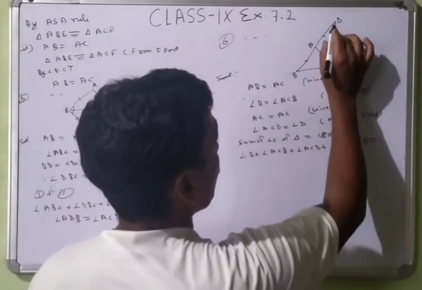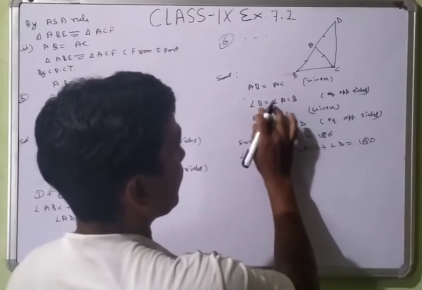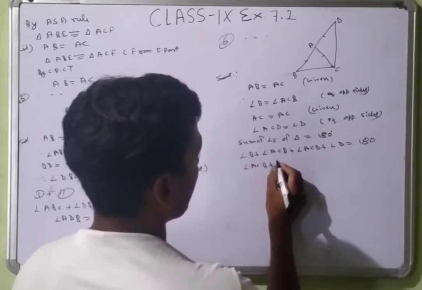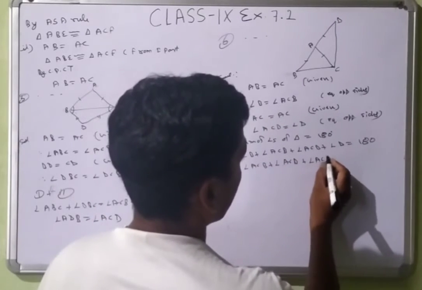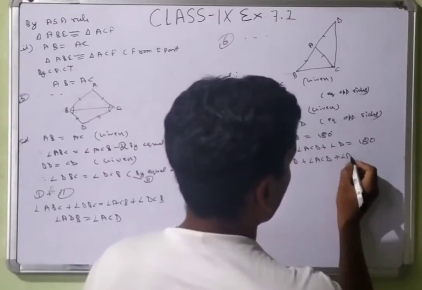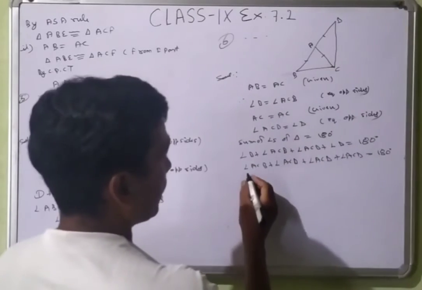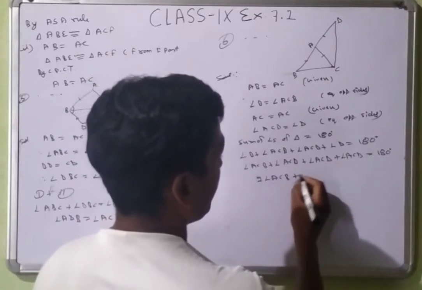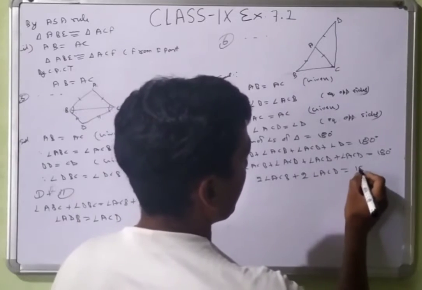Angle B is equal to angle ACB, and angle D is equal to angle ACD. So 2 angle ACB plus 2 angle ACD is equal to 180 degrees.